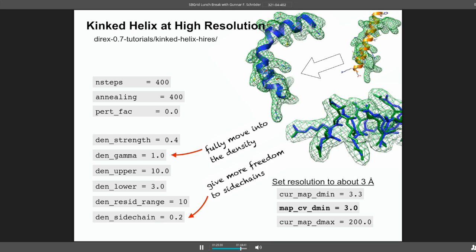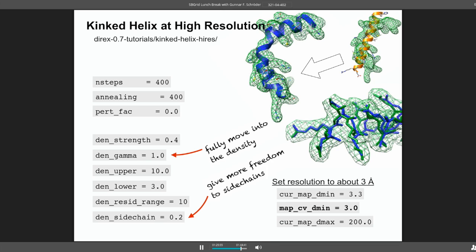You can also make your whole model a bit more flexible by lowering the interval from which you choose the restraints, the DN upper and DN lower. And then there's this DN sidechain parameter that scales those restraints that involve sidechains.